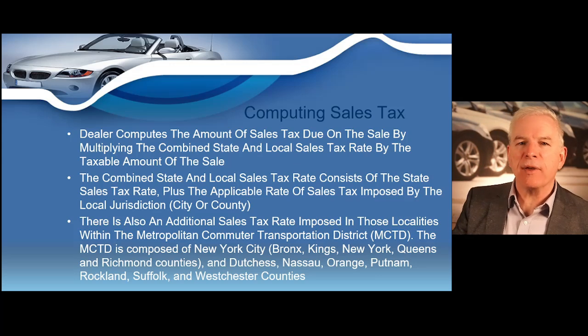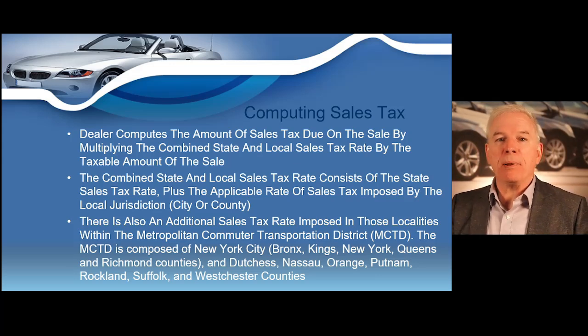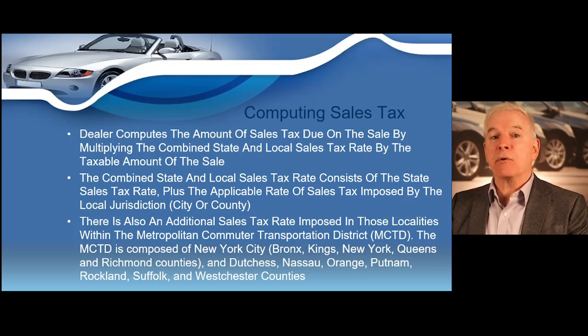So computing sales tax. A dealer computes the amount of sales tax due on a sale by multiplying the combined state and local sales tax by the taxable amount of the sale. The combined state and local sales tax consists of the state sales tax plus any rate of sales tax that are imposed by your local jurisdiction, such as your city or your county.